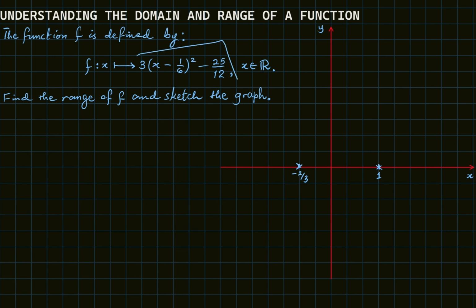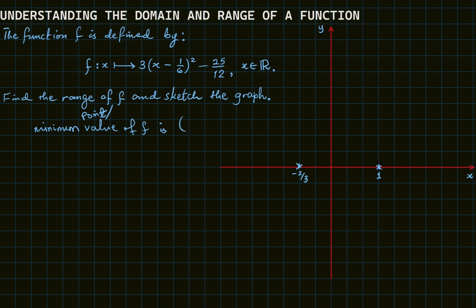So from here, I can pick that the minimum value of f is, or maybe I should say the minimum point in this case. That might be a much more appropriate word.